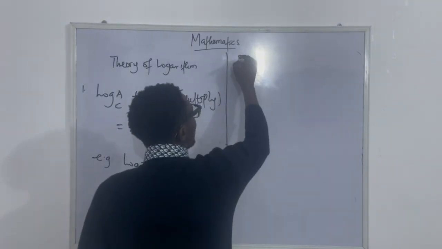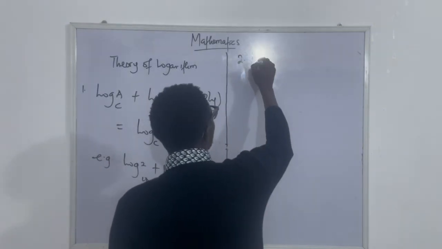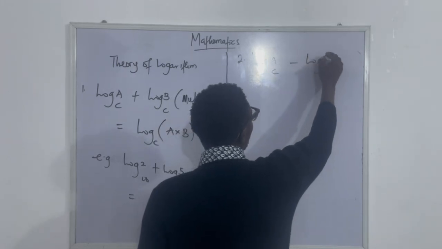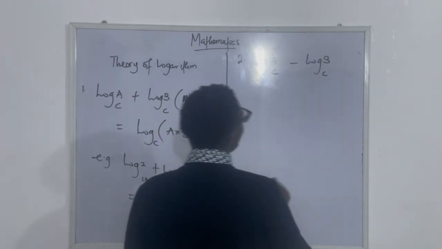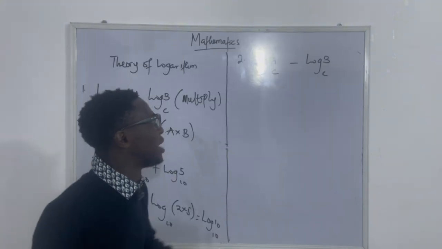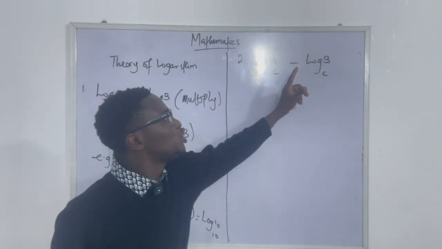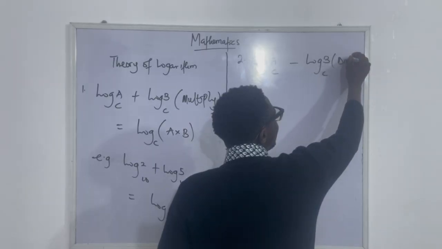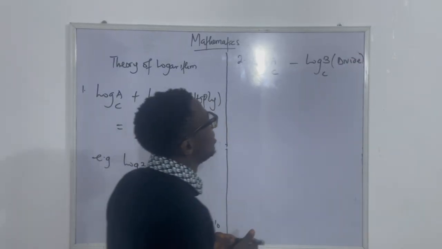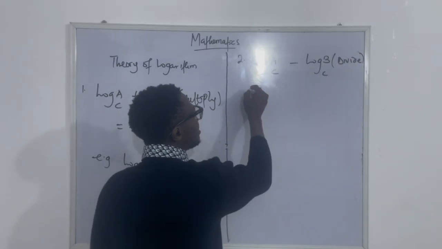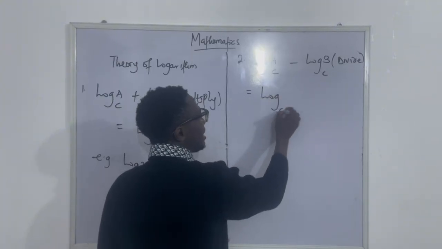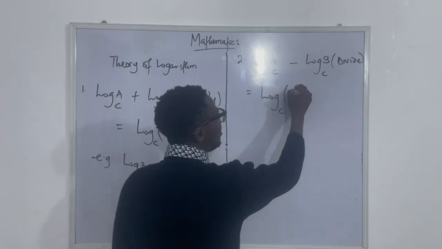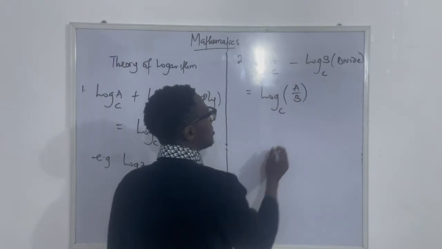So the second law is log A base C minus log B base C. Whenever you have a negative sign, you divide, provided that the bases are the same. Take a single log of the base, then divide the numbers.